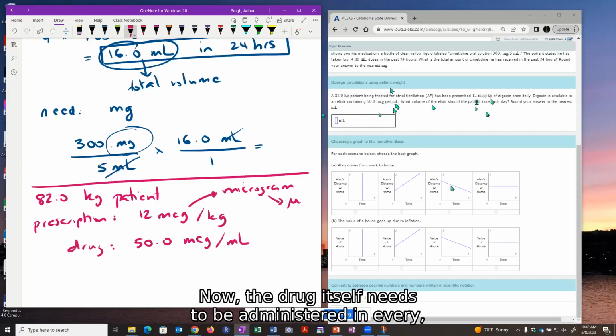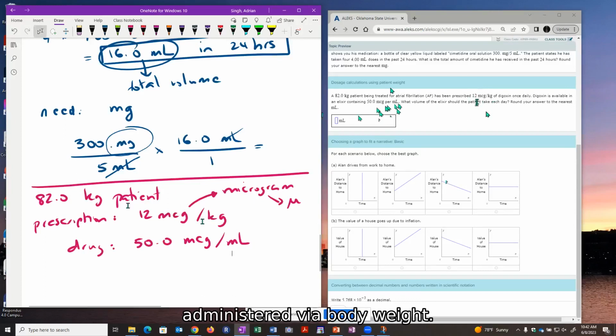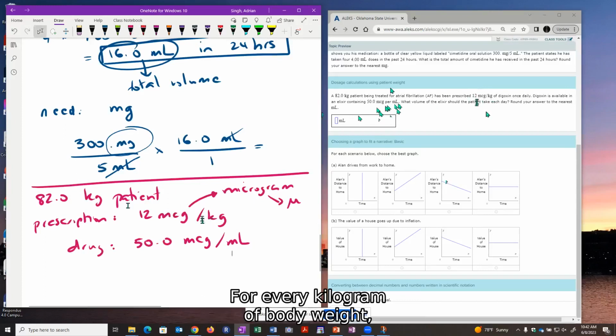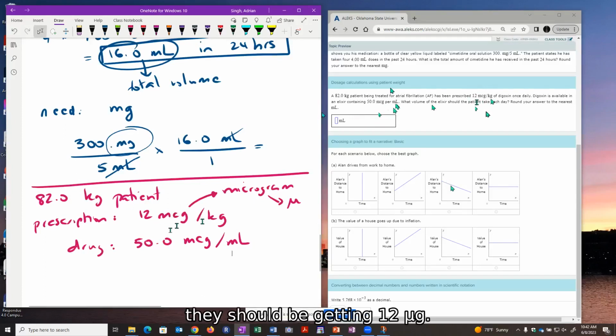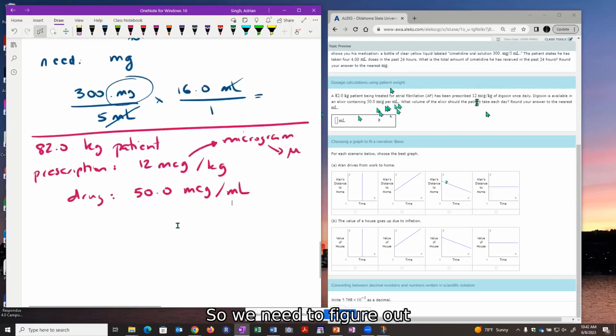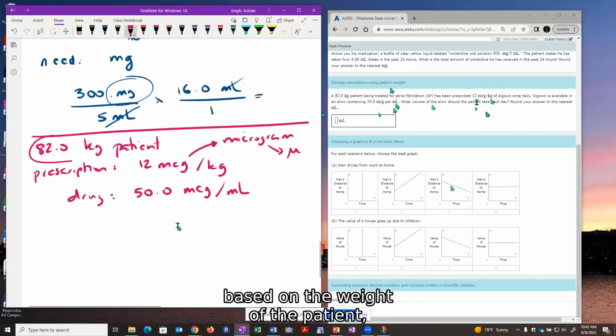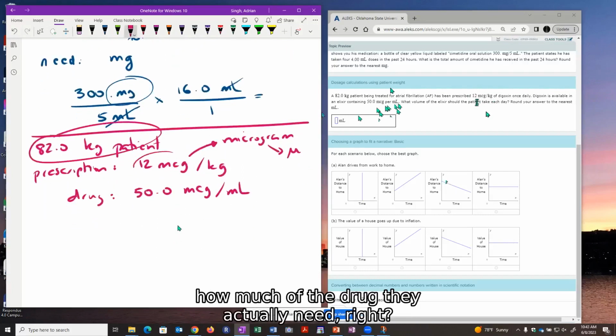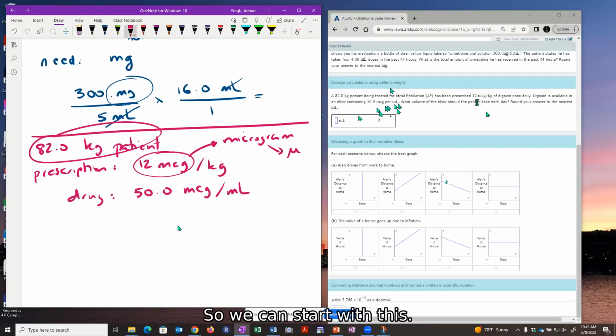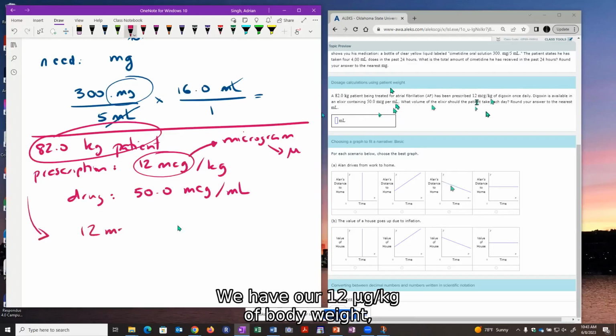Now, the drug itself needs to be administered via body weight. For every kilogram of body weight, they should be getting 12 micrograms. So we need to figure out, based on the weight of the patient, how much of the drug they actually need, right? So we can start with this. We have our 12 micrograms per kilogram of body weight.